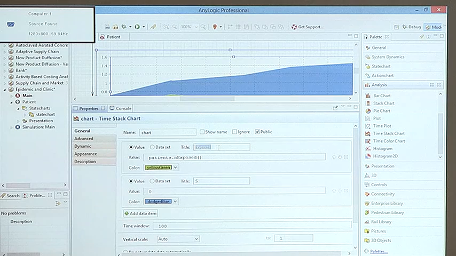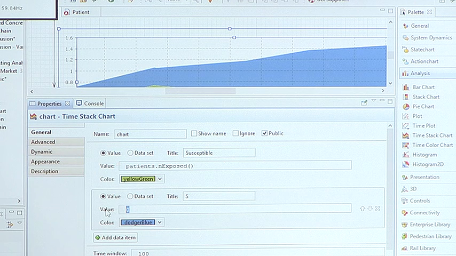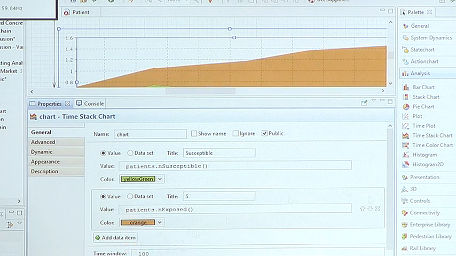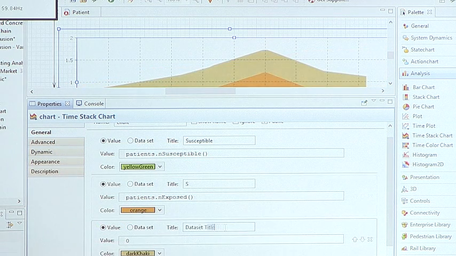Oh, sorry, this is susceptible, and this thing goes here, and here I want susceptible. And then another two items: infected.